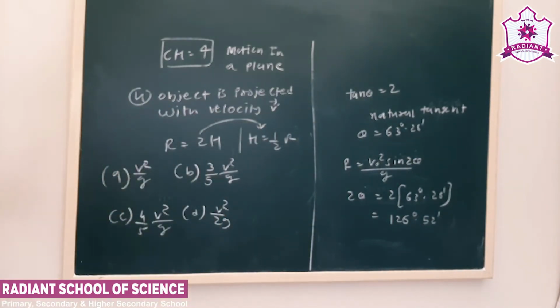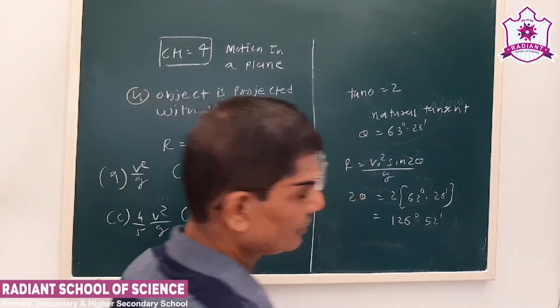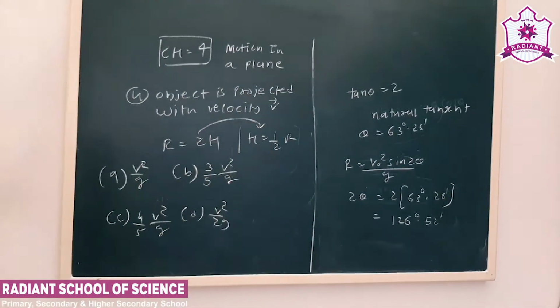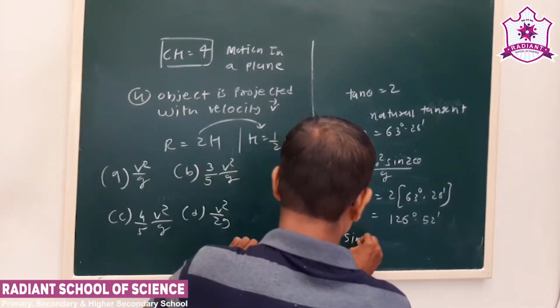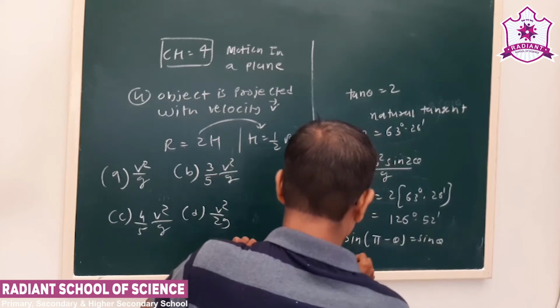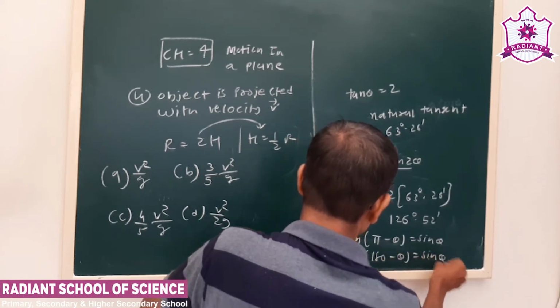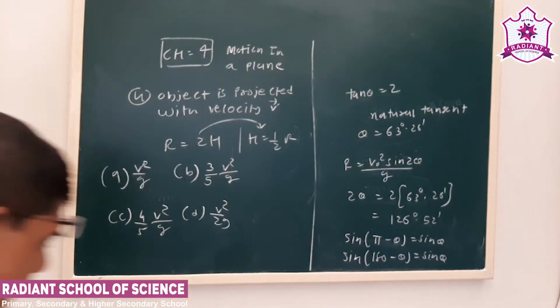Now we have to convert it into an angle less than 90 degree. Now we know very well sine pi minus theta is sine theta, or sine 180 minus theta is sine theta.